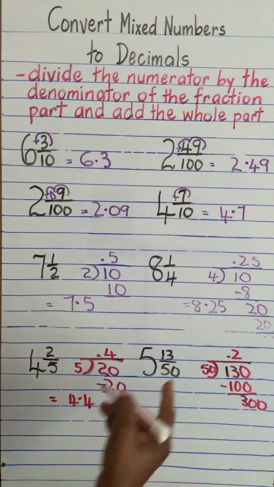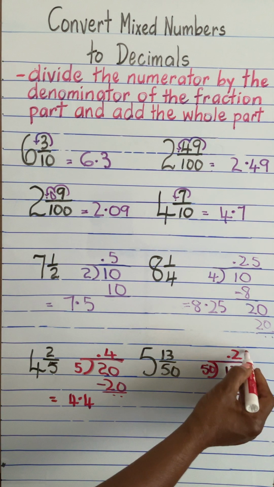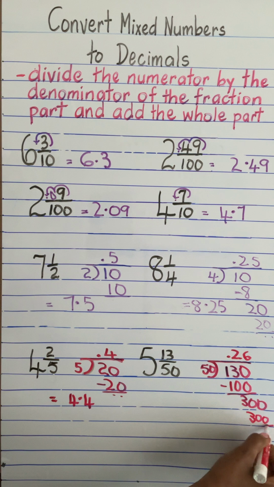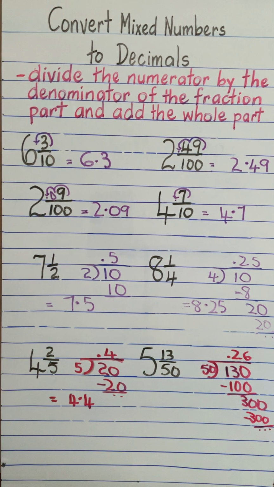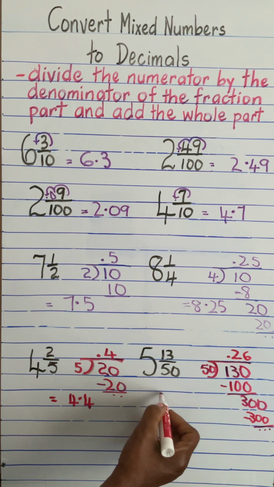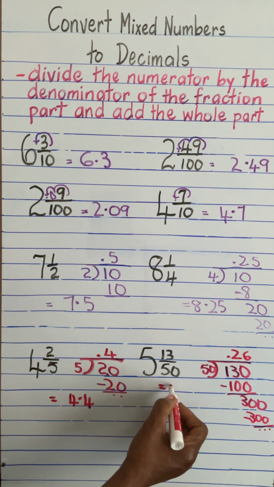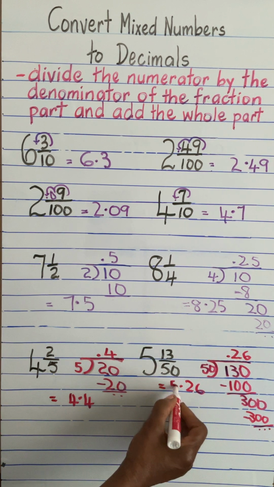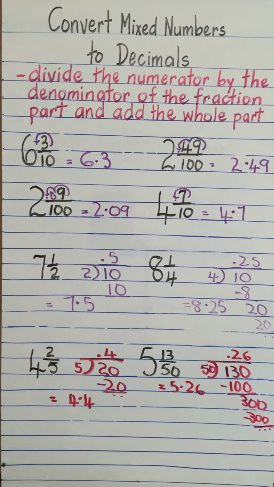How many times can 50 go into 300? And that is 6 times. 6 times 50, 300. Subtract, and we have nothing left. So therefore, 13 over 50 is equal to 0.26, and we're going to add the whole part, which is 5. So 5 and 13 over 50 is equal to 5.26.